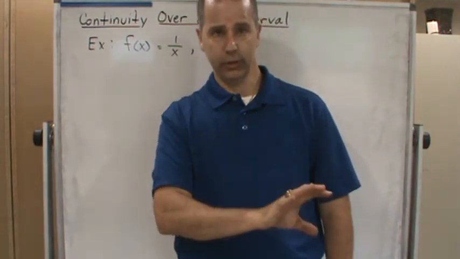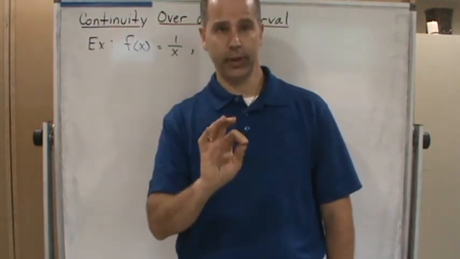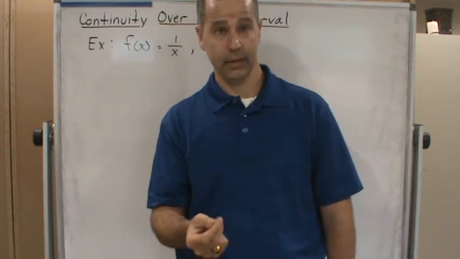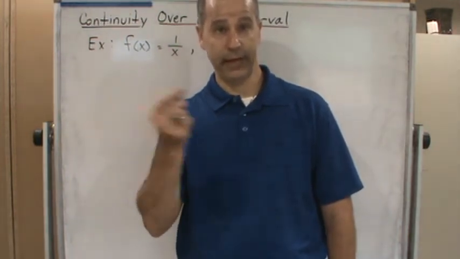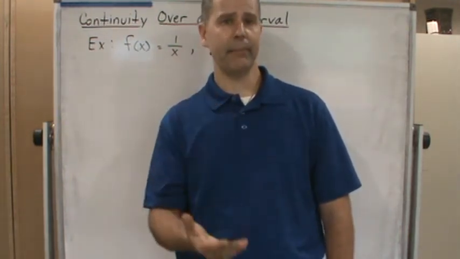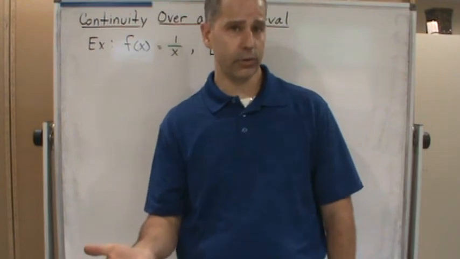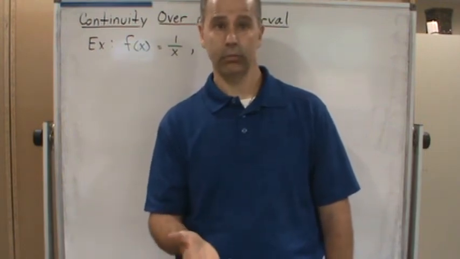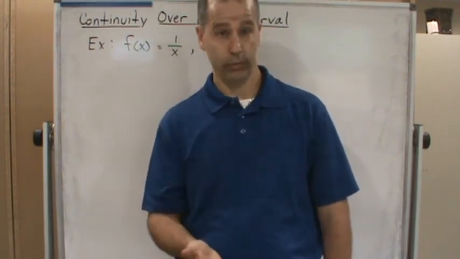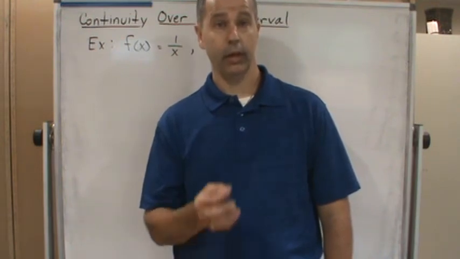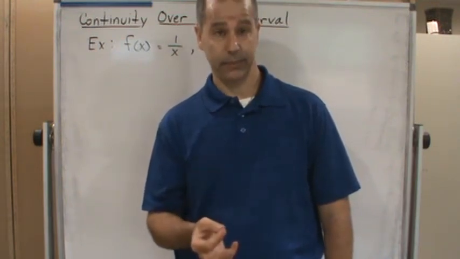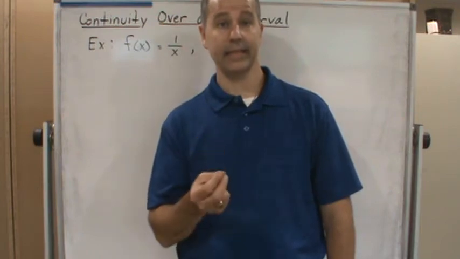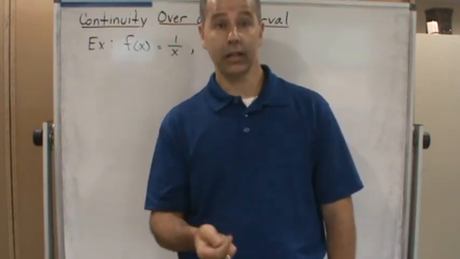So what if we have a continuous function over the closed interval and we test the endpoints and we don't get opposite signs for f of a and f of b? Does that mean that there are no zeros within the given interval? No, it doesn't. It's inconclusive.